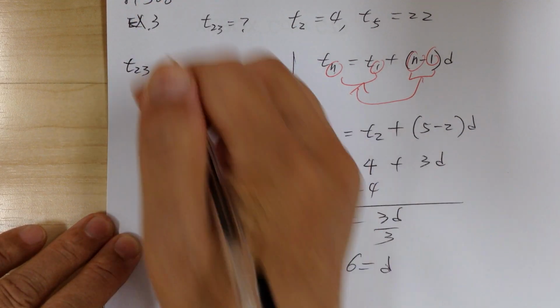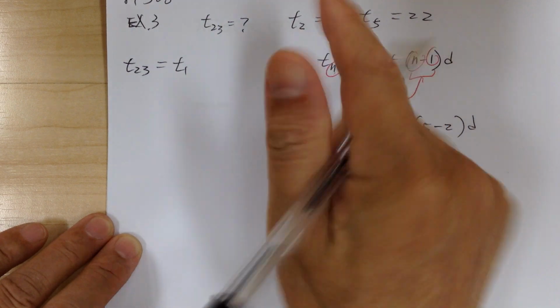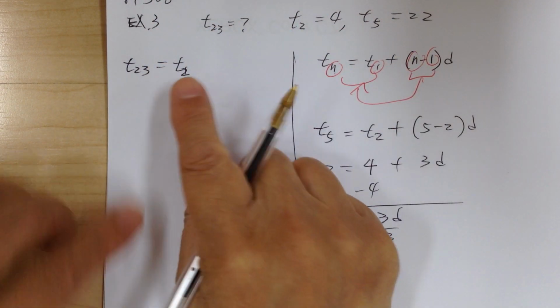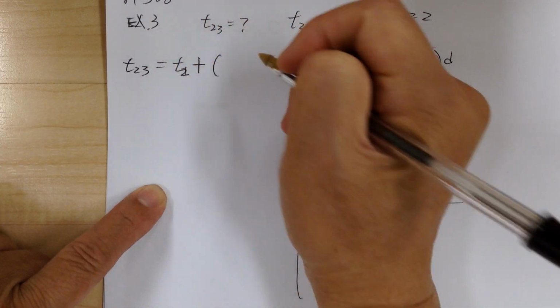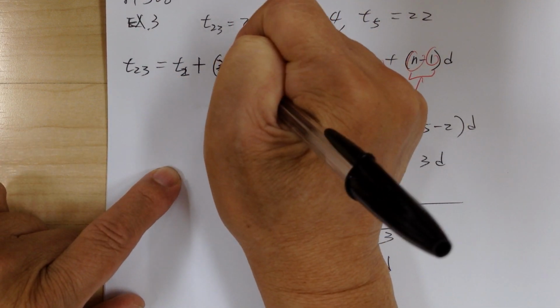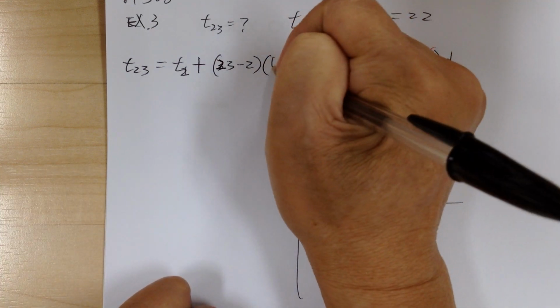So T23 equals T1, well, you don't have T1, you have T2. So you have to use T2 or T5. It doesn't matter which one you use. Remember, the key is whatever you use over here, you have to use over here. Plus, because you use 23 and 2, you have to use 23 minus 2 times D. D equals 6 now.